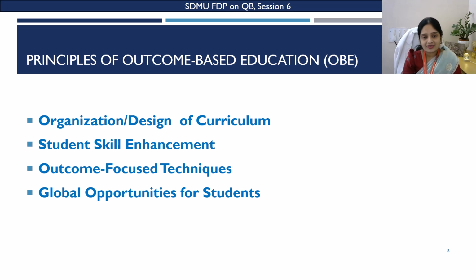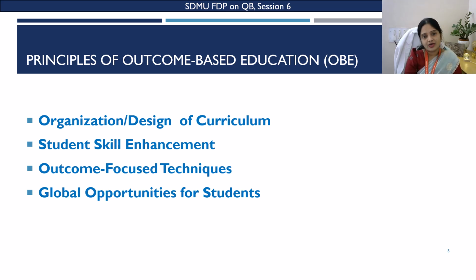Student skill enhancement. Once we design our curriculum, we can also set certain skills which our students should know. For example, an Indian medical graduate should know how to record blood pressure properly. So we can plan various such skill enhancement activities once we adopt outcome based education. Outcome focused techniques.